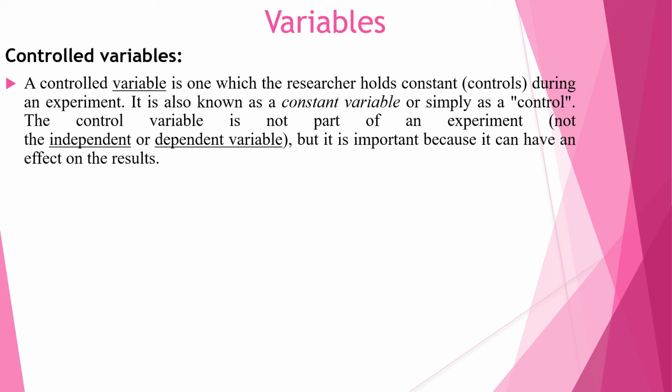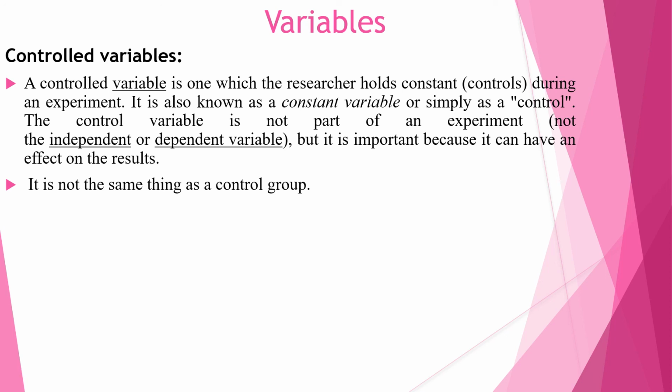It is not a part of the experiment, but it is very important because it has some kind of effect on the result. So the variables which need to be controlled, otherwise they can affect the result of the research, are known as controlled variables.